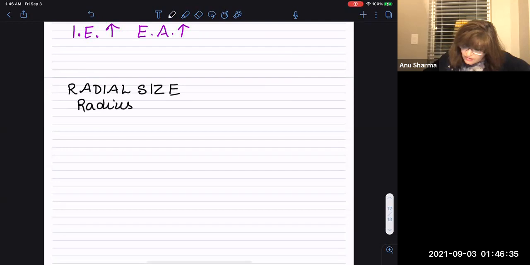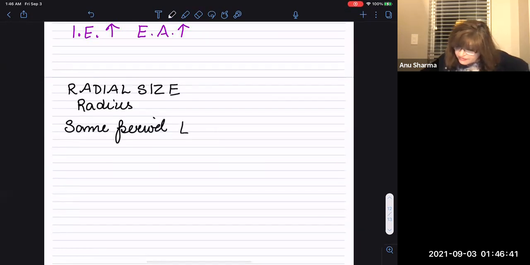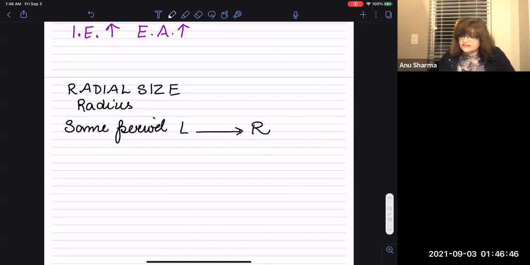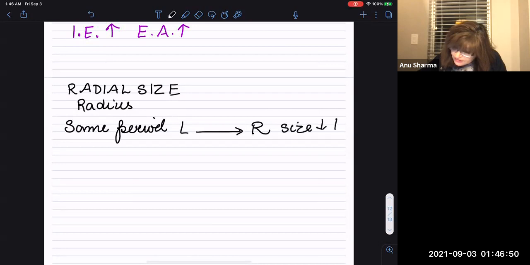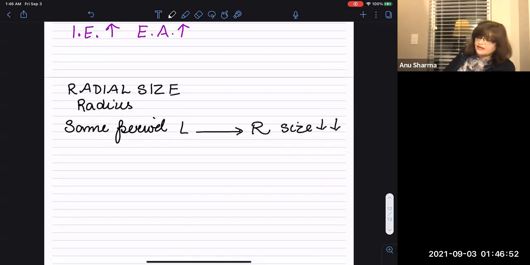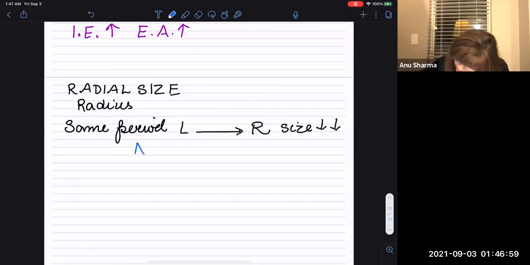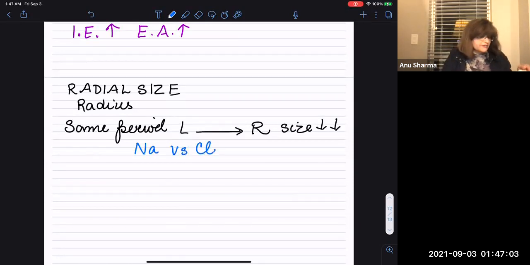Now in the same period, going from left to right, the size is decreasing. Size comes down. If you were to compare the size of sodium versus chlorine, both of them are in the second period.